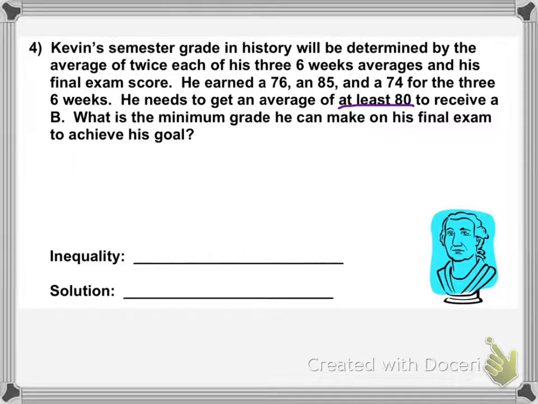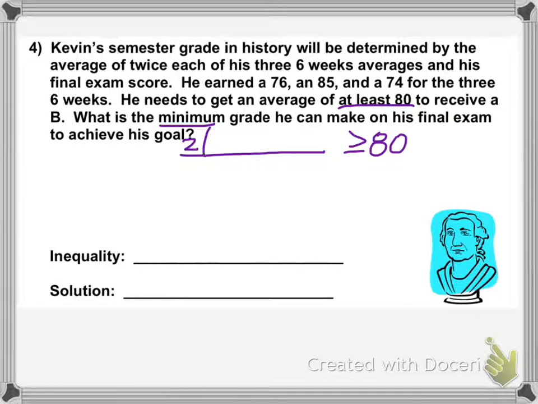At least is greater than or equal to receive a B. What is the minimum grade? Remember, minimum is also greater than or equal to make on his final exam. So when they average your semester average, they're counting each 6 weeks twice.